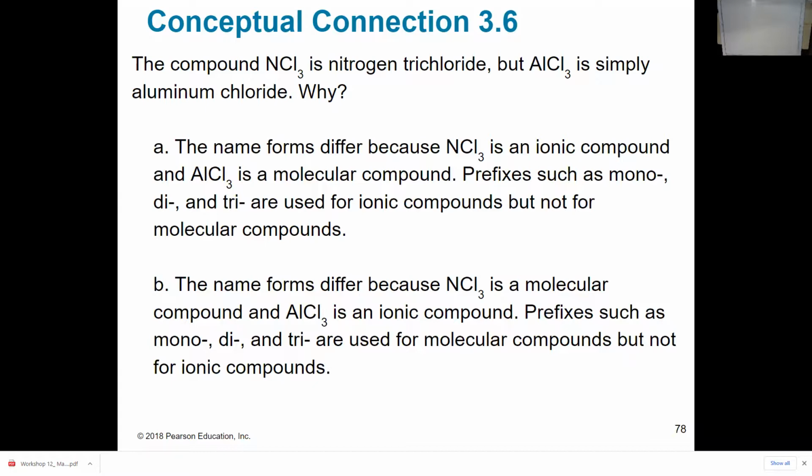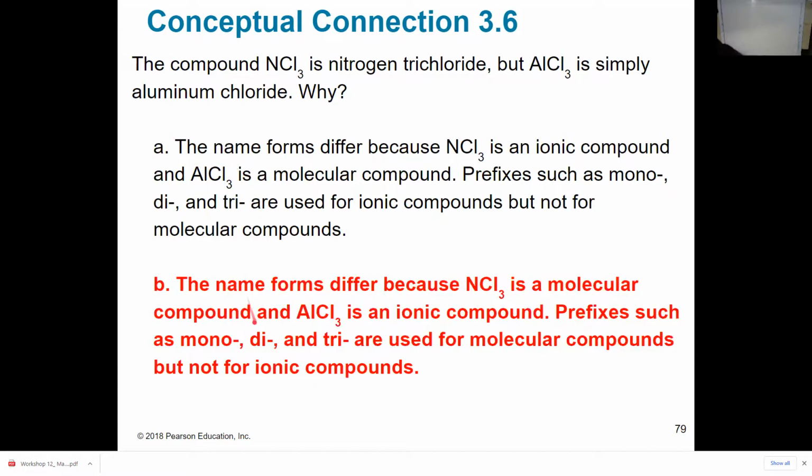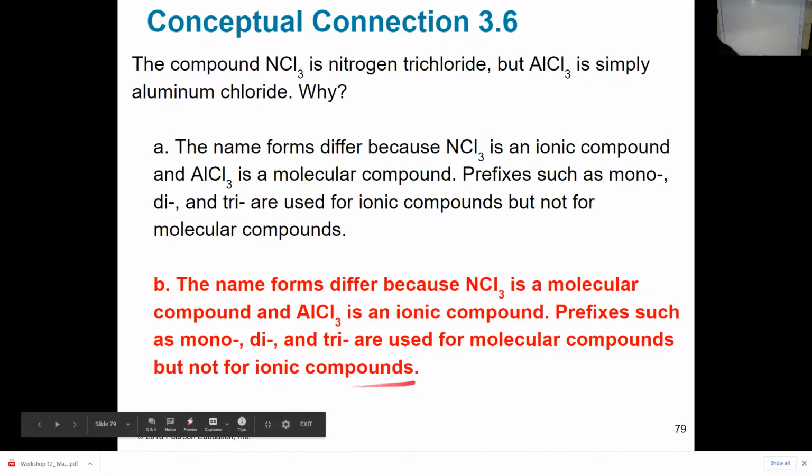AlCl3 is an ionic compound. It's a metal and nonmetals. When we have molecular compounds, that's when we're going to use prefixes like mono, di, and tri. Molecular compounds only will have these types of prefixes. Ionic compounds are not going to. That's a big difference between them.